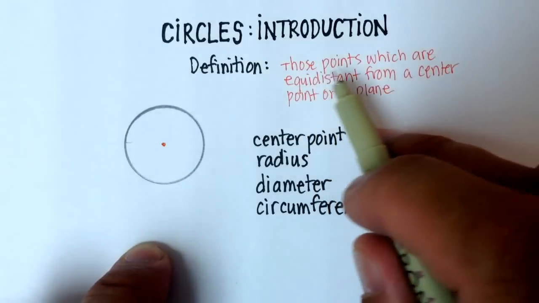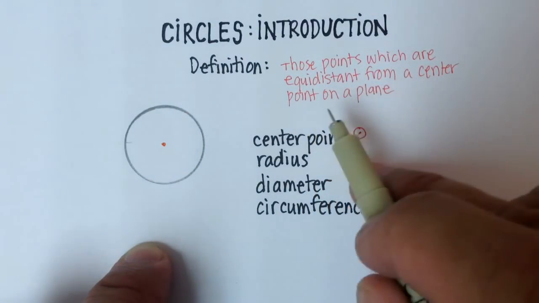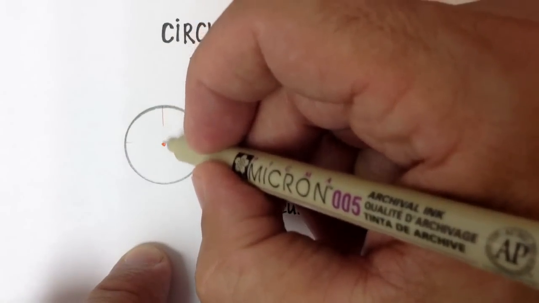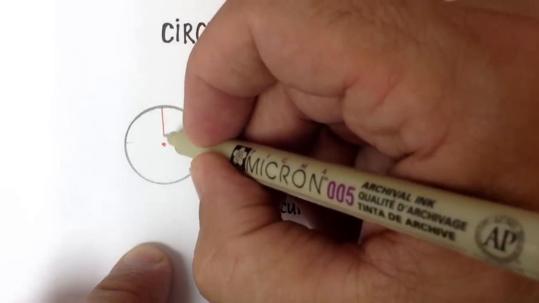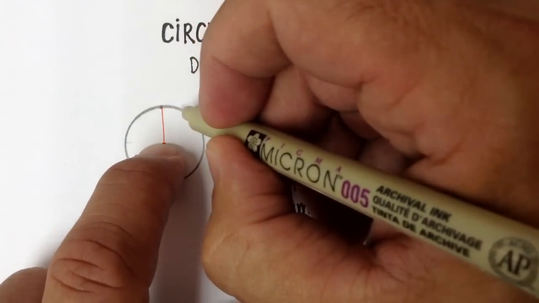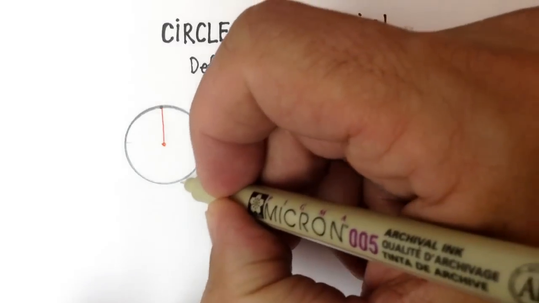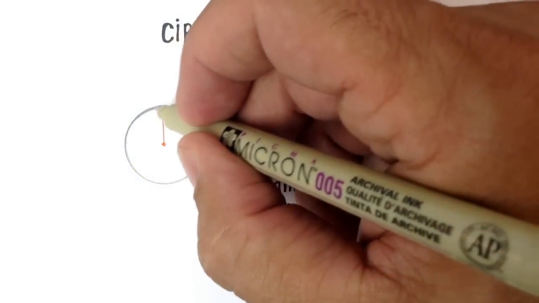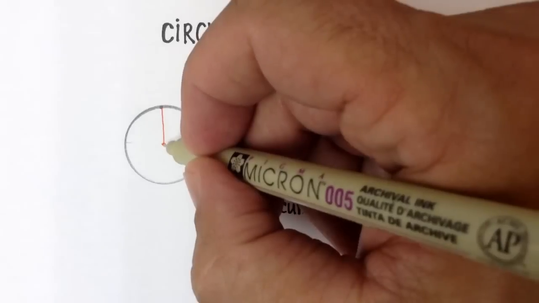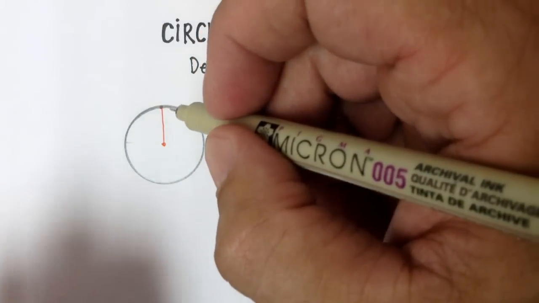Now we're going to say all of those points which are the equal distance from that center point. So let's say I move out that distance right here. If I were to take this pivot and draw the same distance all the way around, this is exactly what I would be tracing. So these are all the points that are equidistant from this point on this flat plane.